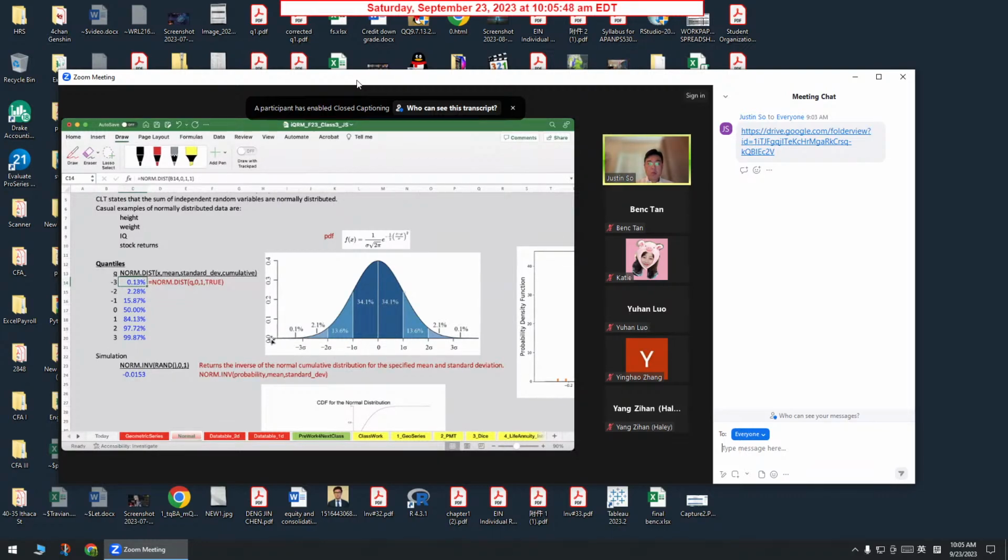What does cumulative mean? Cumulative means from negative infinity, all heights added up to this one. So if you recall your calculus class, that is the integral operation. So in Excel, that's what you can do, cumulative.